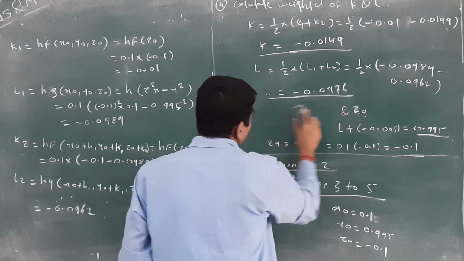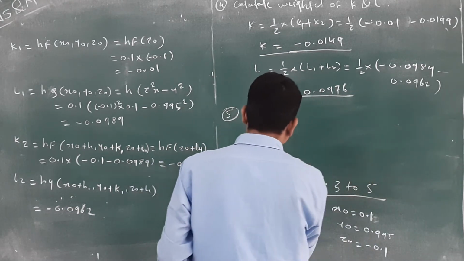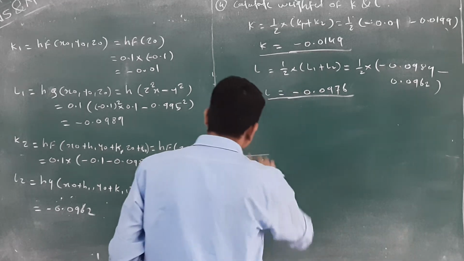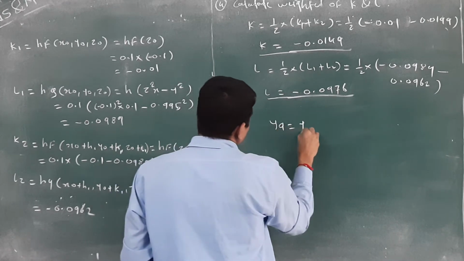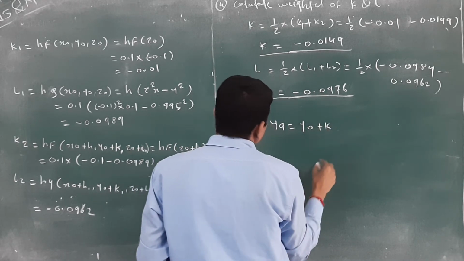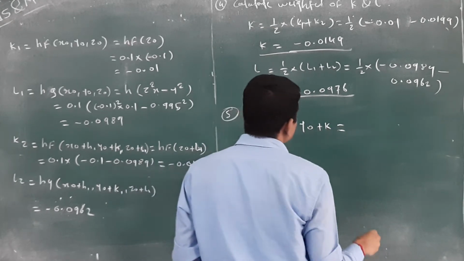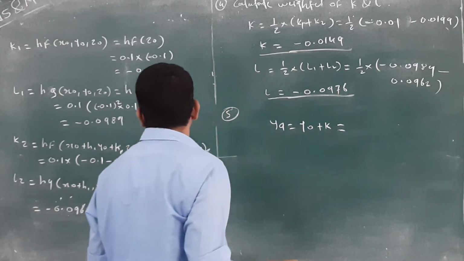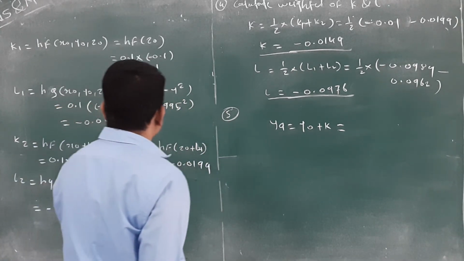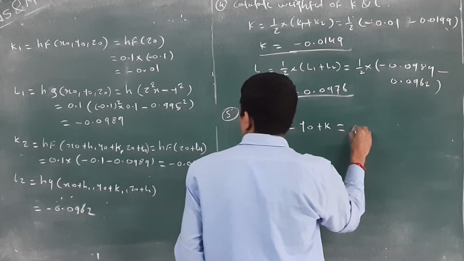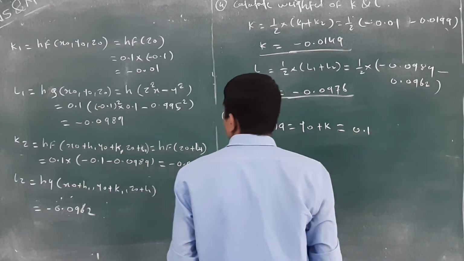Then we can write value of yg and zg. Value of yg is equal to y0 plus k. What is the value of y0? Already we have seen y0 is equal to 0.1, na?